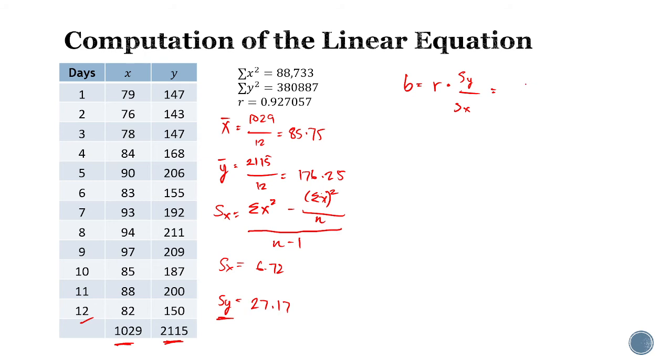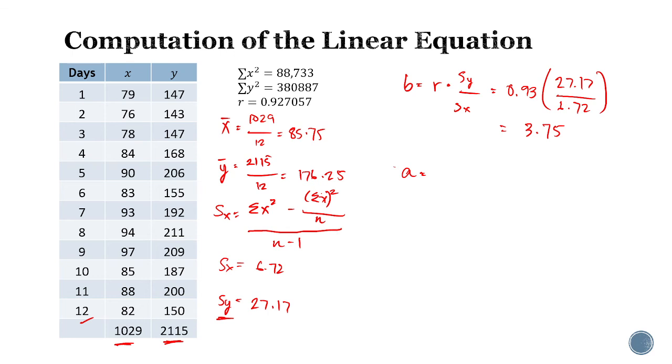So we have here 0.927057 multiplied to our 27.17 over 6.72. And if you are to compute that, we will have here a value that is close to 3.75. Okay?